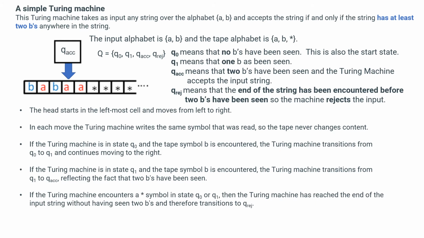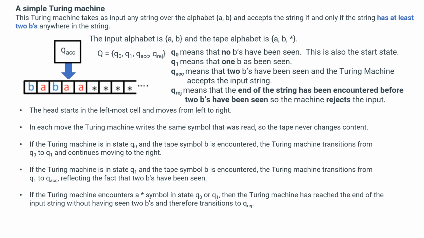Now, what if this continues to happen, but there aren't two B's in the input string? Then we would keep moving over further and further, and once we reach one of those symbols of an asterisk, that means it's encountered the end of the input string.